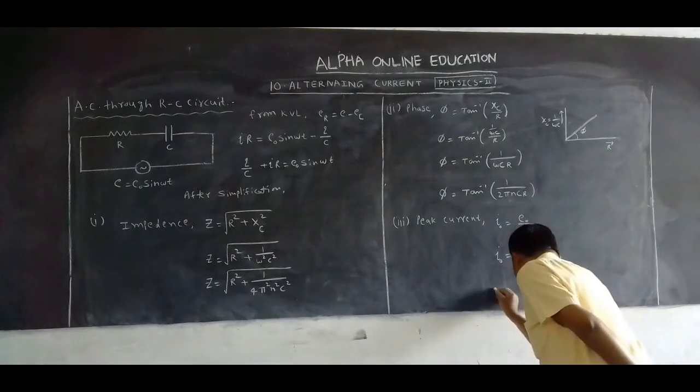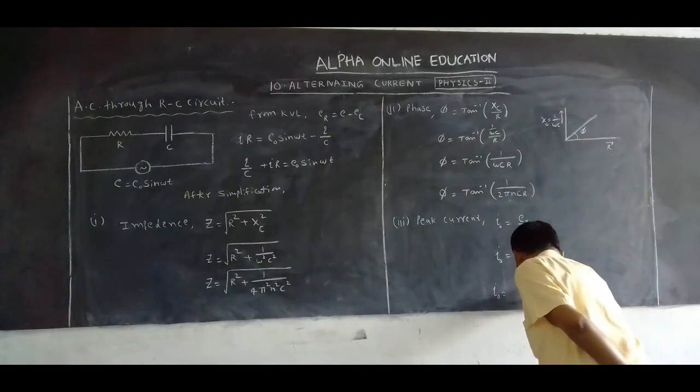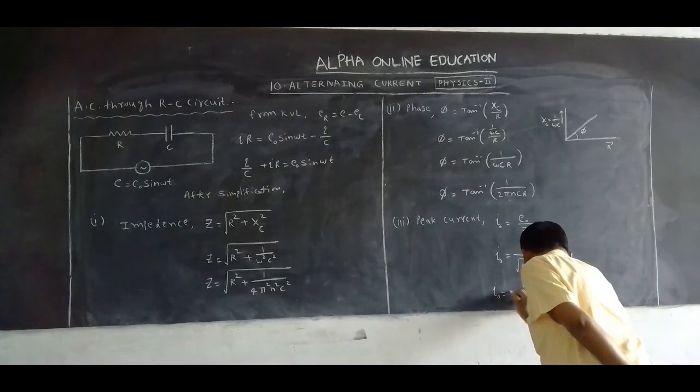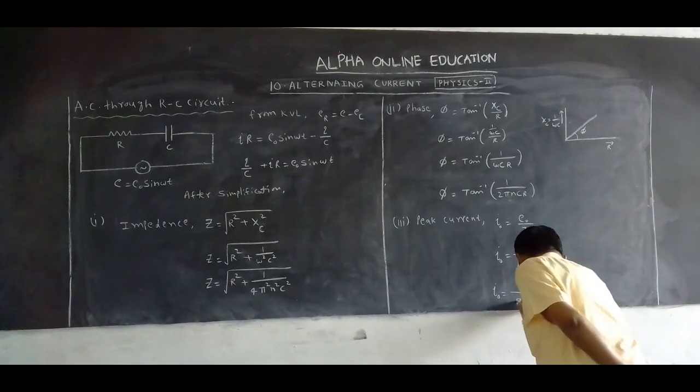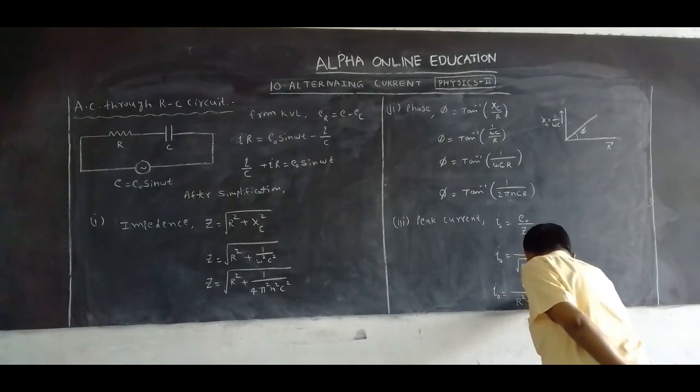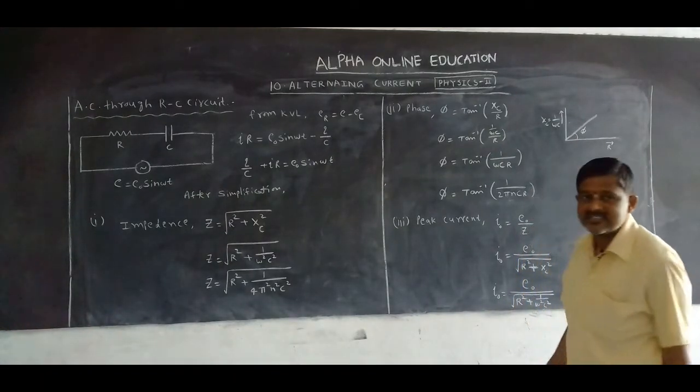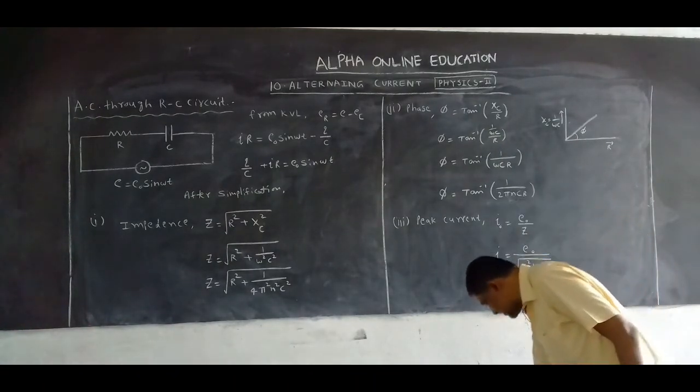Otherwise, I naught is equal to E naught by root of R square plus 1 by omega square C square. Okay, this is about RC circuit.